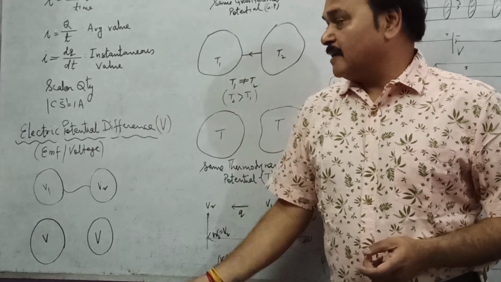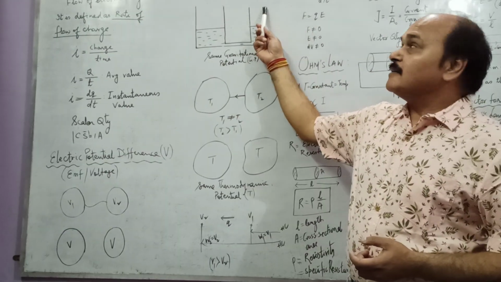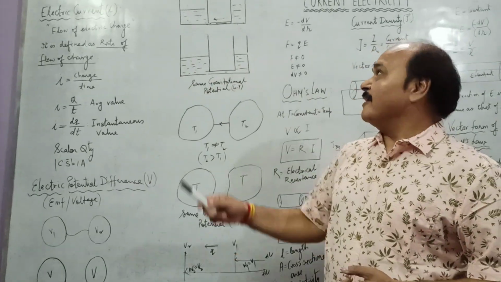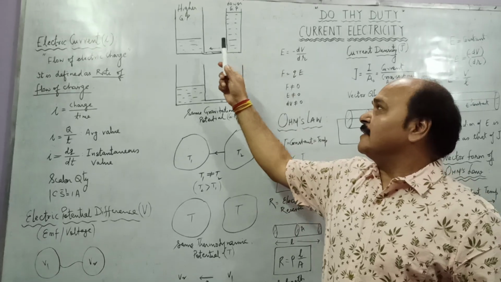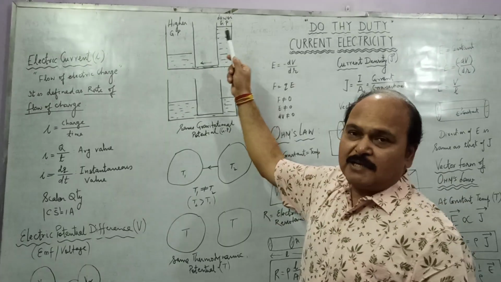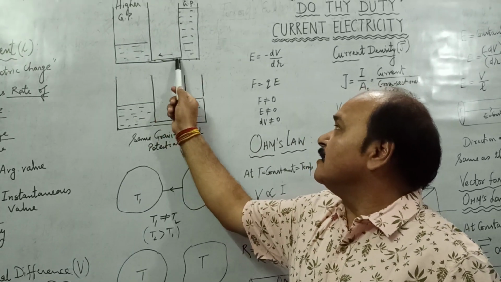The concept of electric current is exactly similar to the concept of water current and thermal current. Well, these are two containers. They have liquid at different levels in both the containers, and both the containers are connected to each other through this pipe.